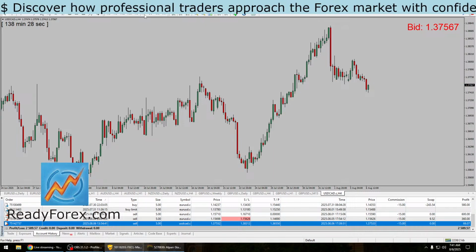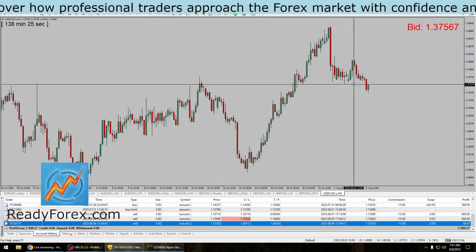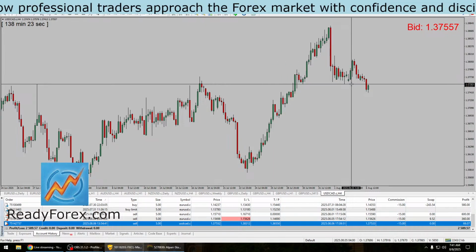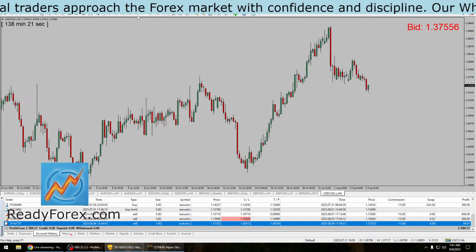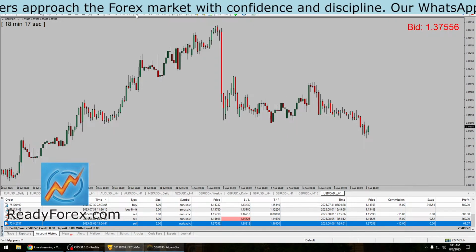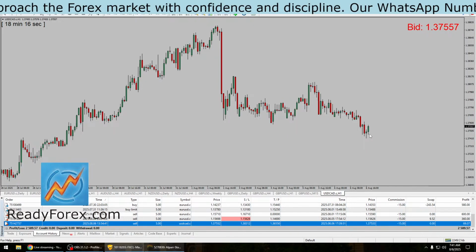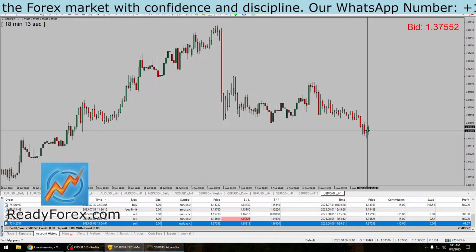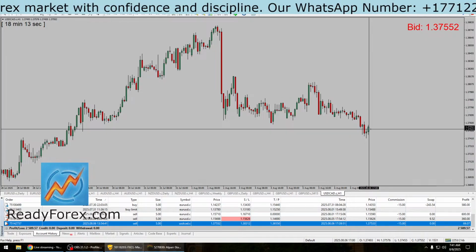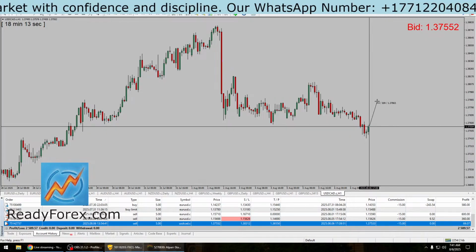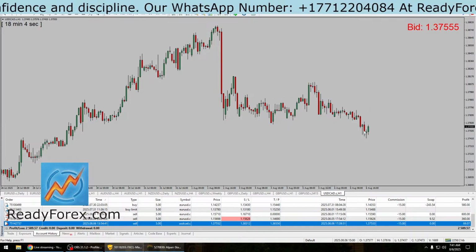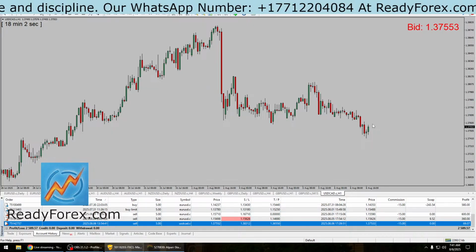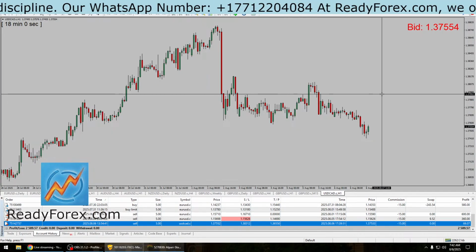The current price is 1.3756 area. So it's now trying to retest this level. This is the morning star candlestick pattern, and one could reverse as well. That was my reason of closing the sell with a small profit. I'll try to re-enter maybe at a better price up there.